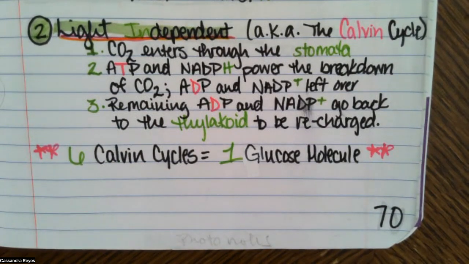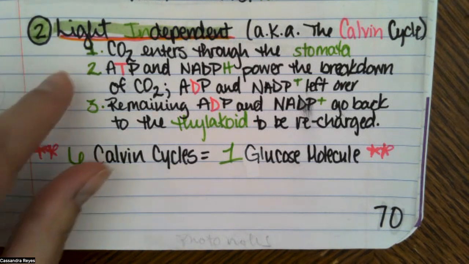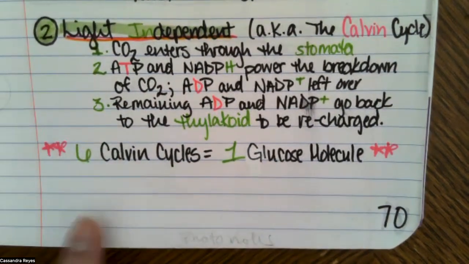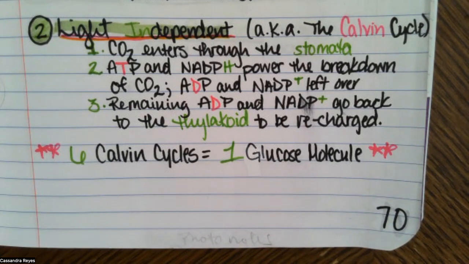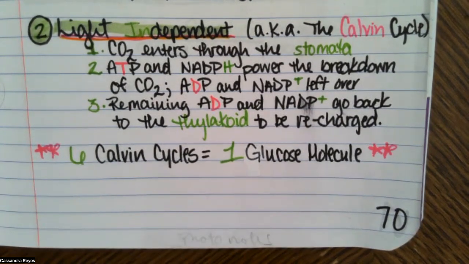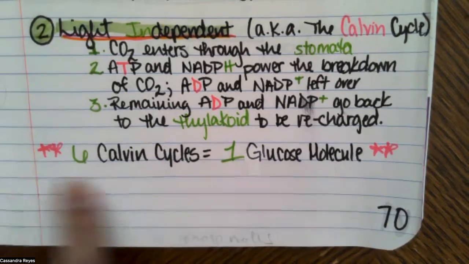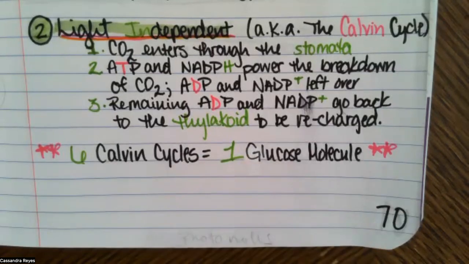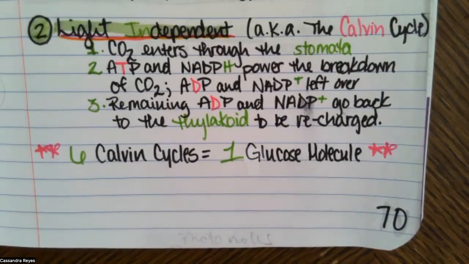It is a last ditch effort by plants, right? Because do plants like the sun? 100%. And the reason is because when they don't have sunlight, it is extremely taxing on them. They have to do so much more work to make just 1 glucose molecule. So 6 Calvin cycles is going to end up in just a single glucose molecule.